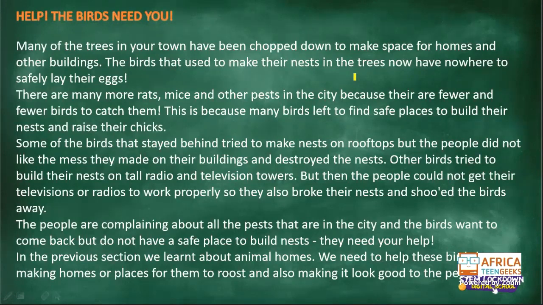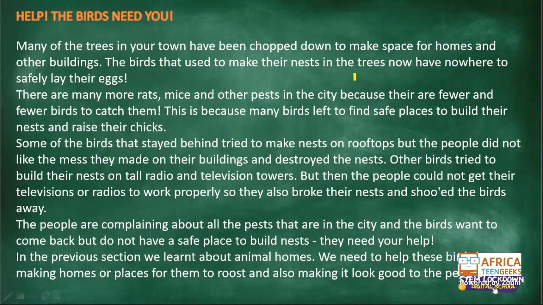The people are complaining about all the pests that are in the city, and the birds want to come back but do not have a safe place to build nests. They need your help. In the previous section, we learned about animal homes.